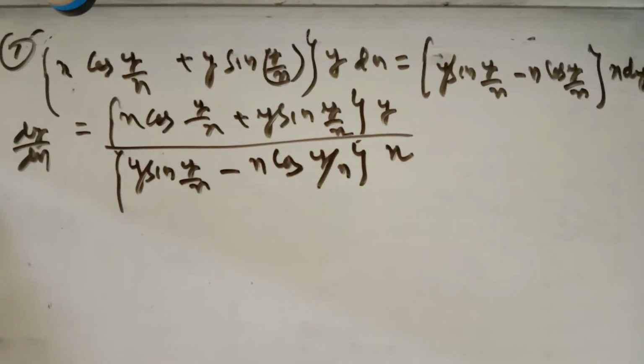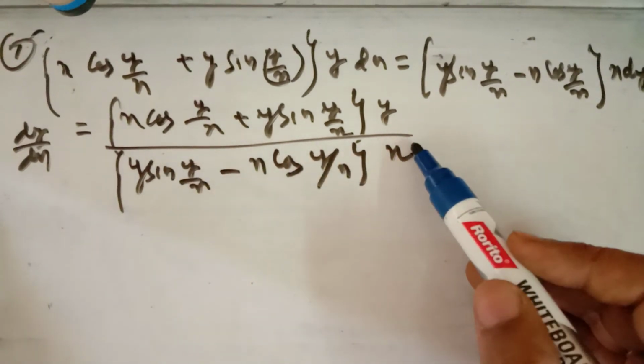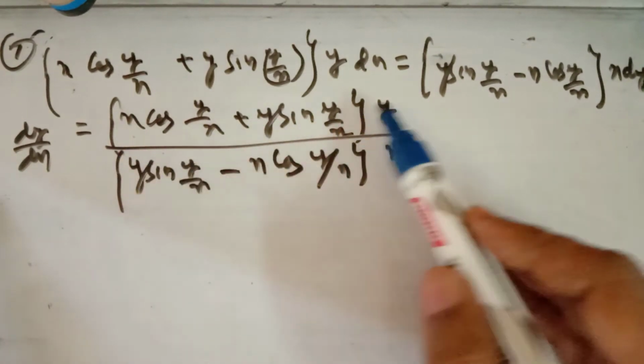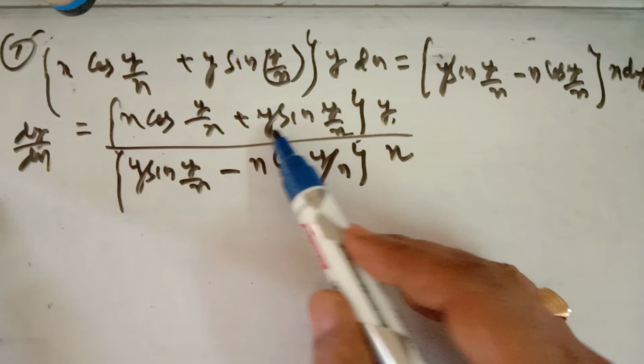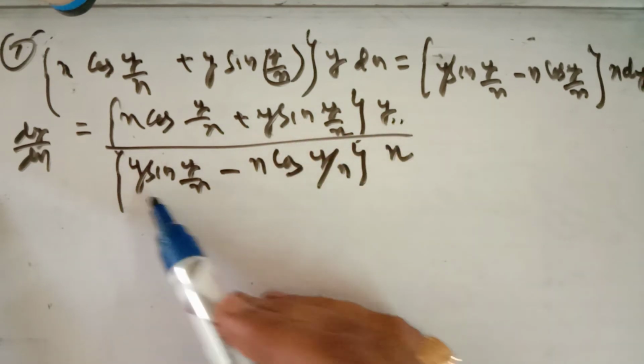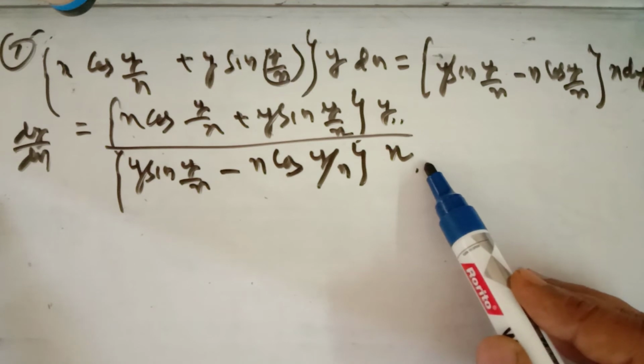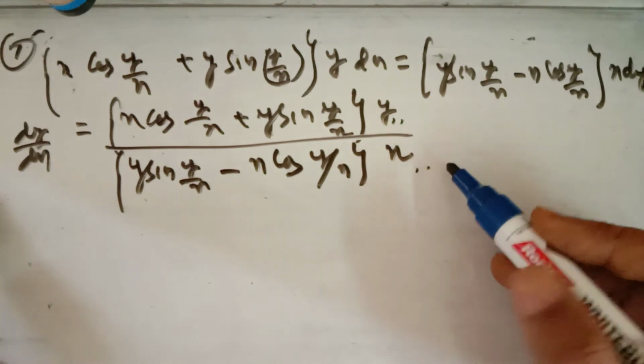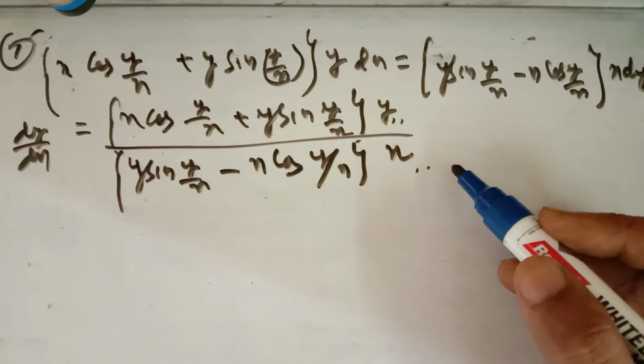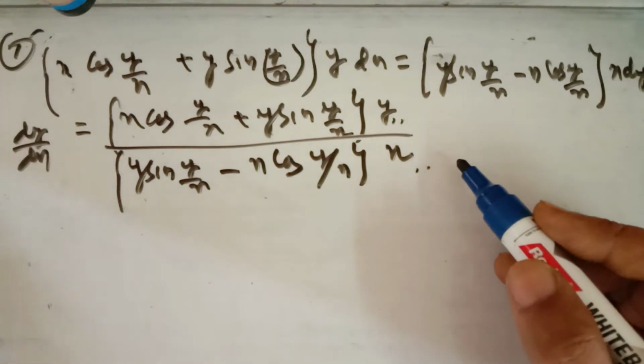Now I am saying that it is a homogeneous differential equation because the degree of each term here is 2. x into y, that is degree 2, y into y, that is y square, degree 2, y into x, that is degree 2, x into x, that is degree 2. So it is homogeneous. Rather, you can prove it is homogeneous if we replace x by x lambda and y by y lambda.